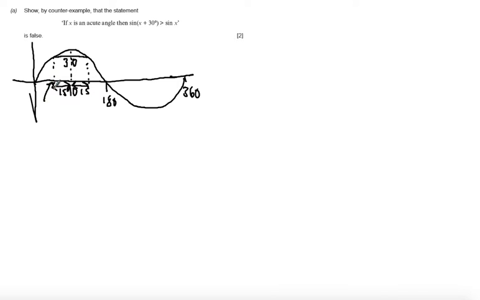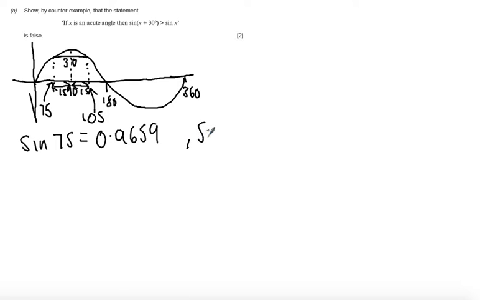So the angle at this point would be 75, and the angle at this point here would give us 105. In fact, if I try sine of 75, we get the answer 0.9659, and if you try sine of 105, you also get 0.9659, to 4 decimal places.